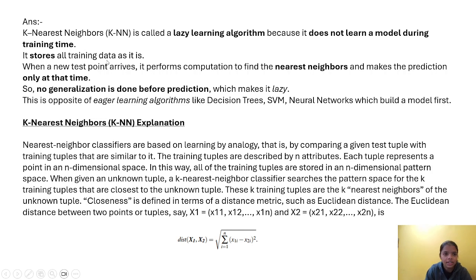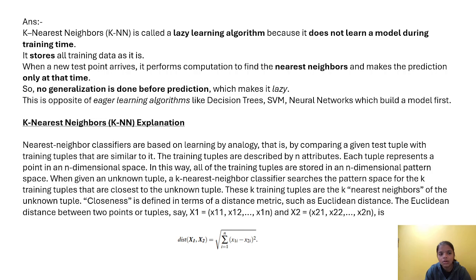It stores all training data as it is. When a new query point arrives, it performs computations to find the nearest neighbor and make the predictions only at that time. So no generalization is done before prediction, which makes it lazy.